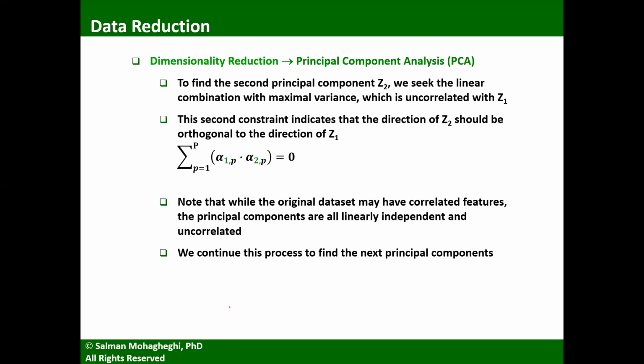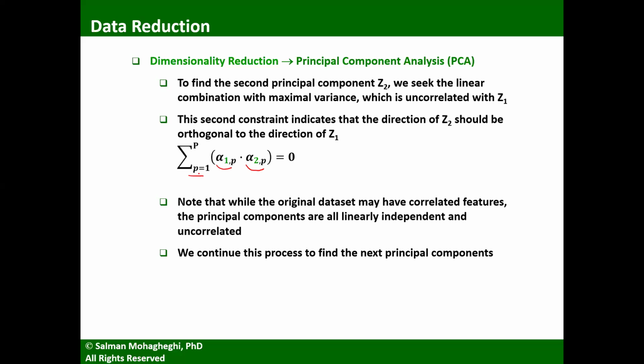However, we want to make sure that these principal components are linearly independent. In order for them to be linearly independent, the loading coefficients alpha 1p's associated with principal component z1 multiplied by loading coefficients alpha 2p's associated with principal component z2, the sum of those multiplications over all the p values would have to be 0.